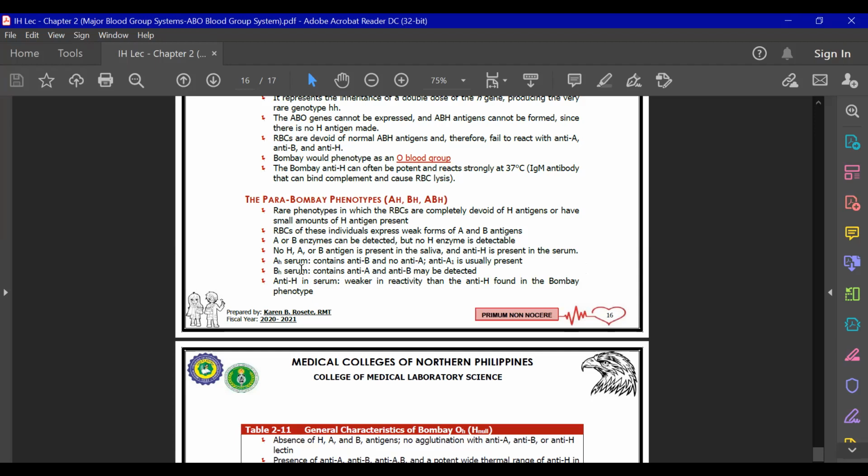So in the serum of your BH individual, your anti-B, okay, your anti-B may be detected. Aside from your anti-A, your anti-B may be detected. Why? Bakit possible na madidetect ang anti-B?